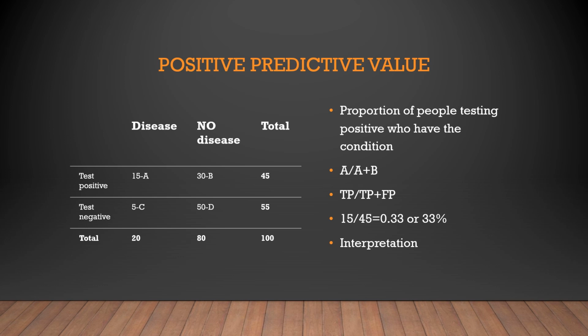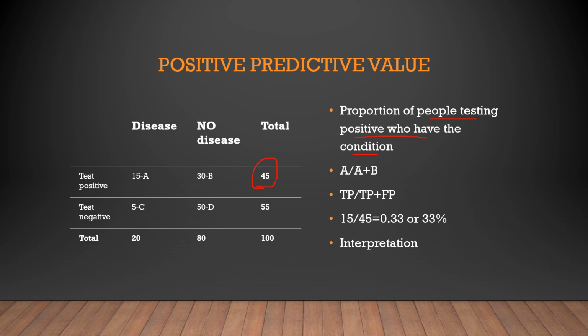Positive predictive value. This is the proportion of people testing positive who have the condition. So here, who are the people who are testing positive? This is 45. See, note you are taking the horizontal section here, or the rows, whereas for sensitivity and specificity you are calculating from the columns. Correct?